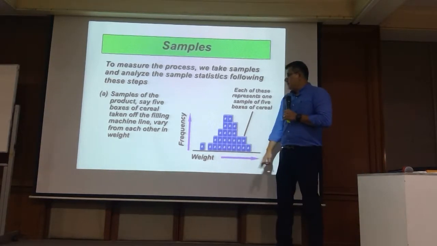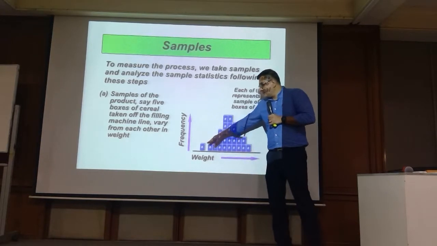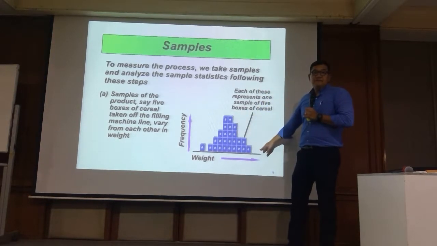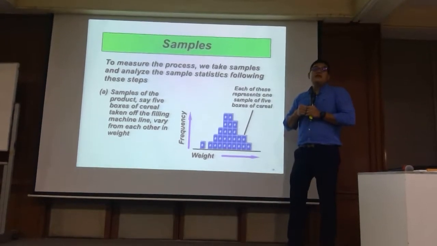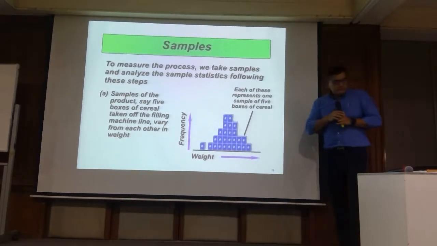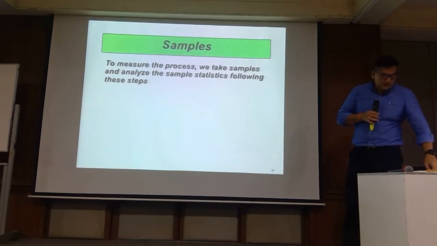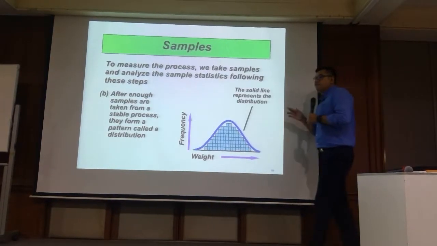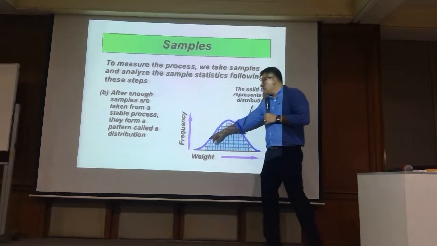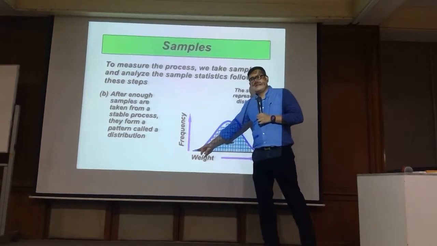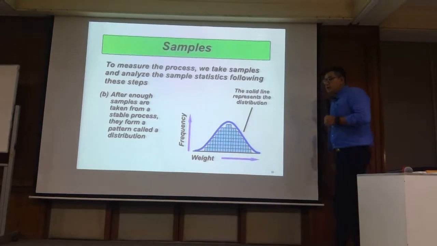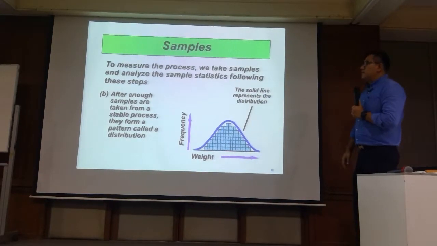Finally, I can see the distribution of the average weight from the 5 boxes that I'm sampling from the production line, right? If I draw the solid line from that record, I can have the graph that we call the sampling distribution of the weight for the box of cereal.